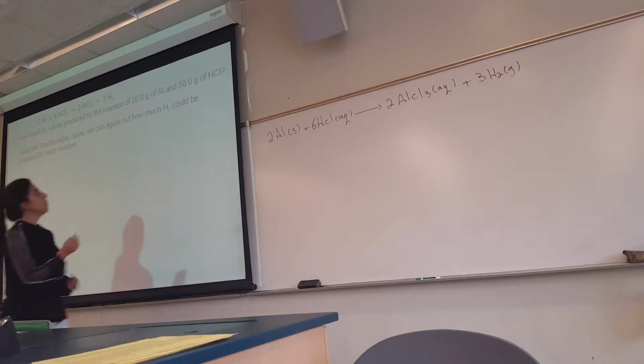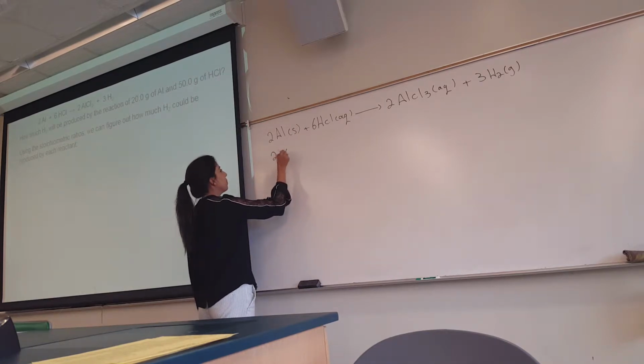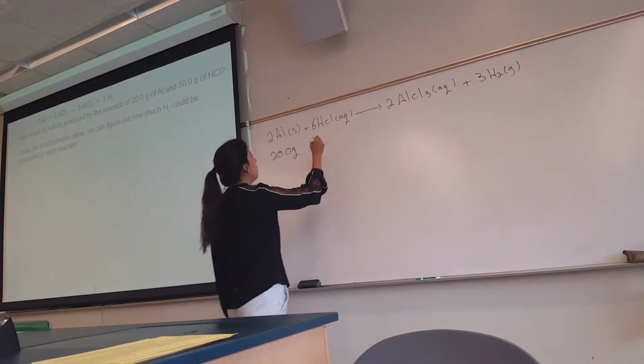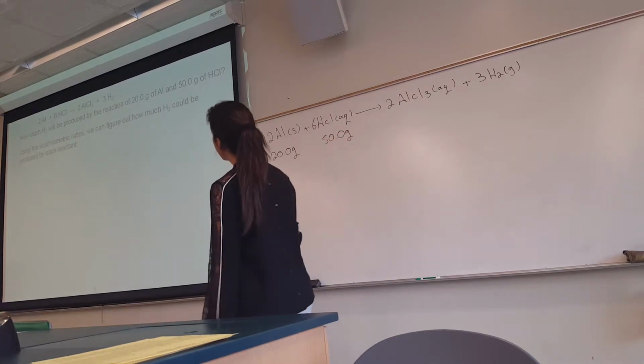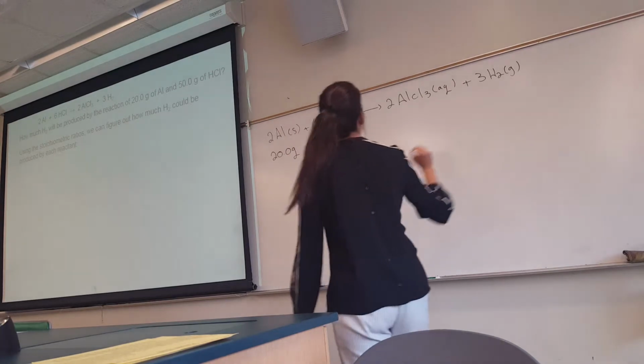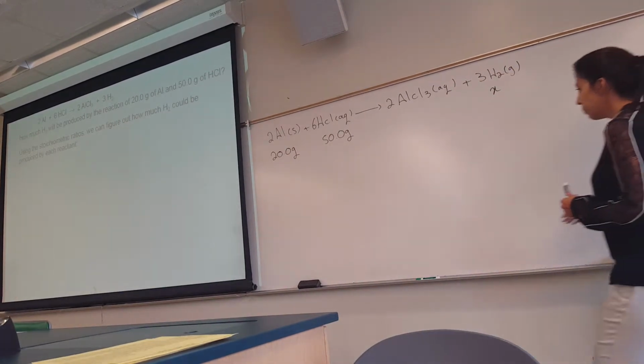You want to know if you start with 20 grams of aluminum and 50 grams of hydrochloric acid, you want to know how much hydrogen gas would be produced.